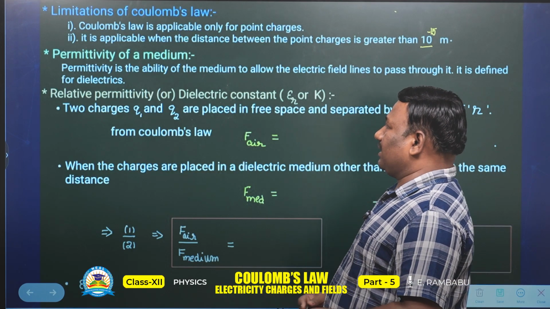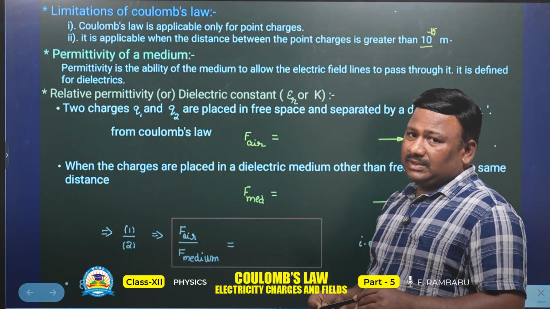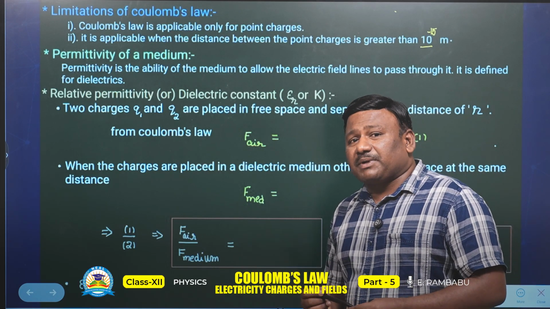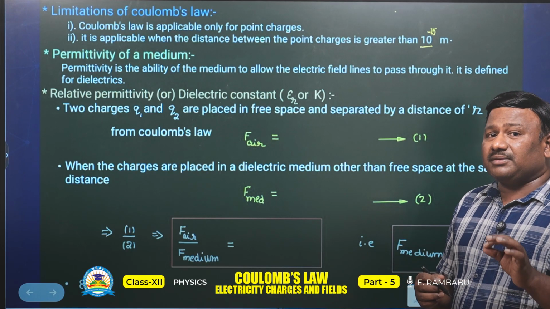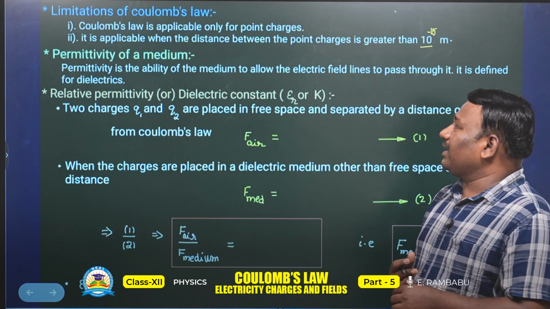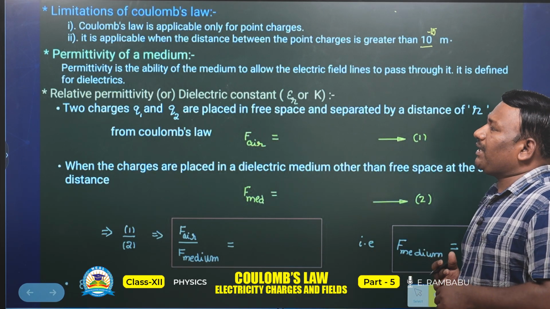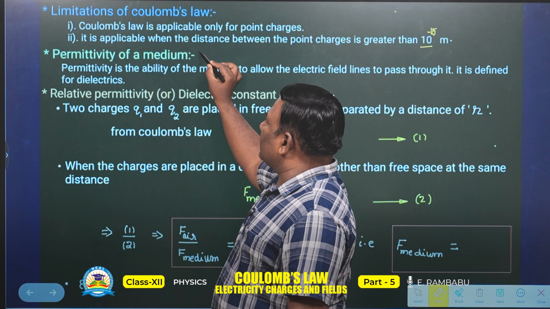After that, we are going to take permittivity of a medium. Epsilon naught represents the permittivity of a vacuum or free space. But here we are going to take the permittivity of a medium, which can be taken as epsilon.